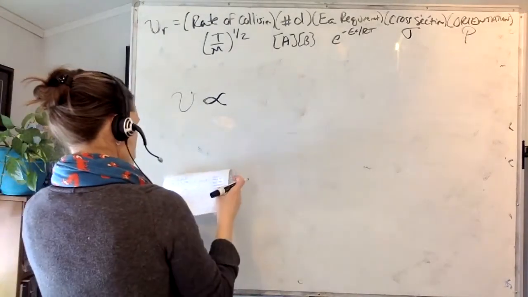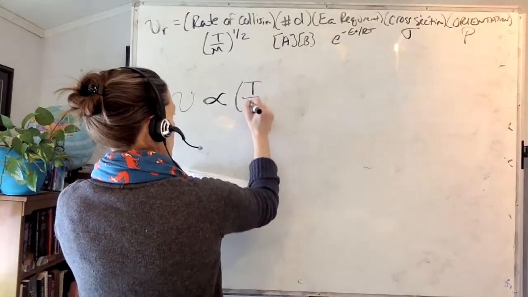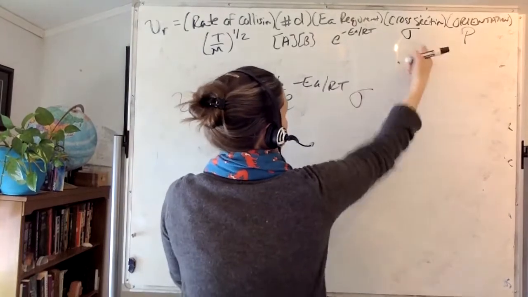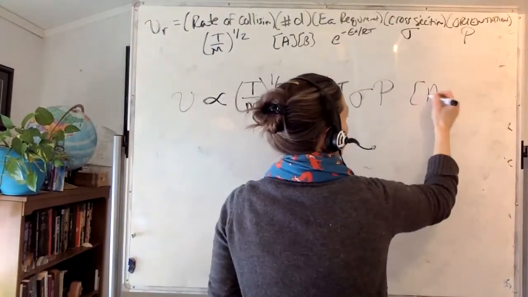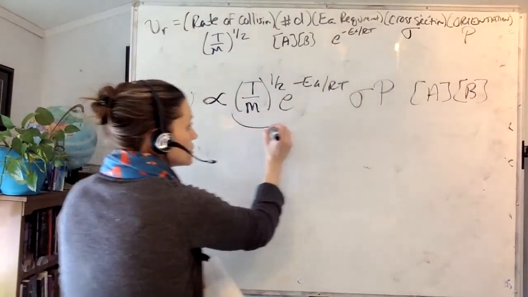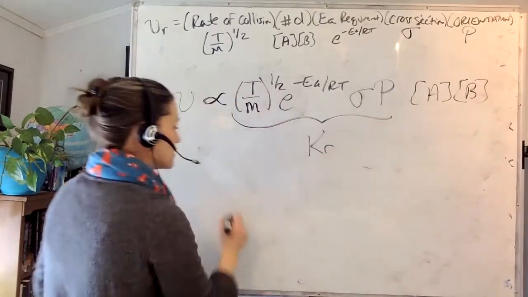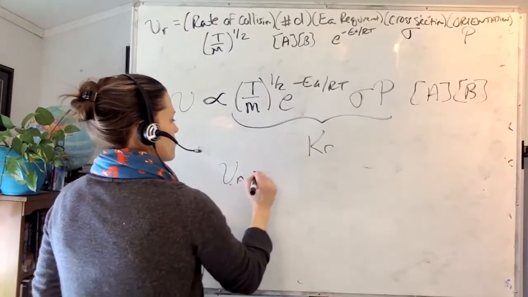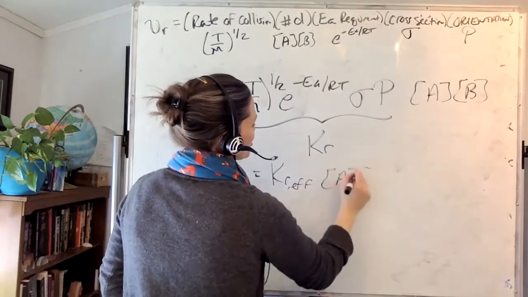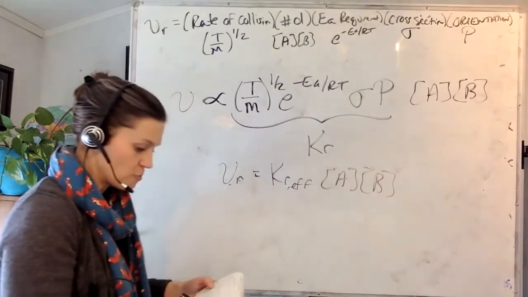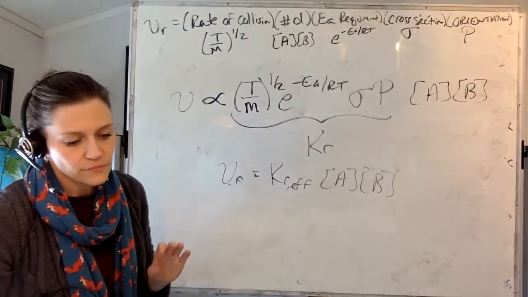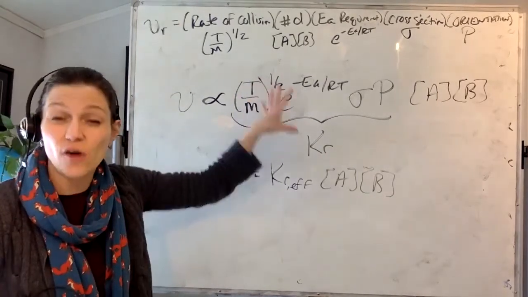So this is proportional to T over M to the 1/2, e to the minus EA over RT, cross section, times P, multiplied by the concentrations of A and B. And so this becomes your rate constant, such that we're left with the rate of the reaction equal to k_r effective times concentration of A times concentration of B. And so this is the general form taking into account collision theory.